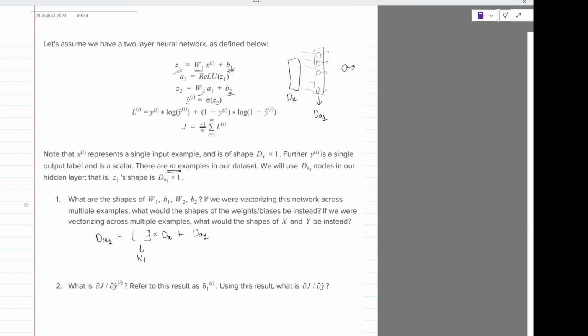So the w1 weight should be, because this is dx into 1, so this should be sort of 1 into dA1.